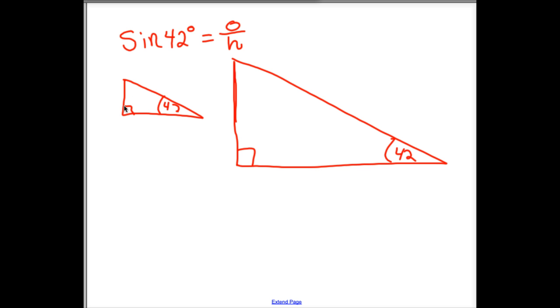Because it's proportional, it doesn't matter how big the triangle is. The opposite side over the hypotenuse for the big one and for the little one is the exact same ratio. And I can make my calculator give me the decimal form of that ratio.